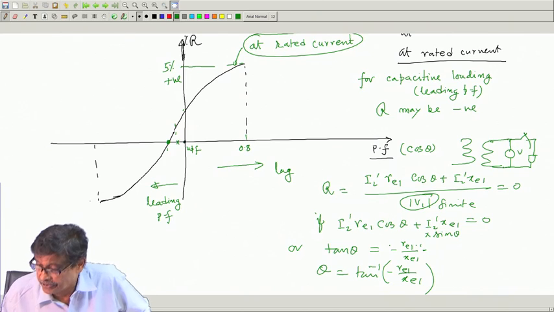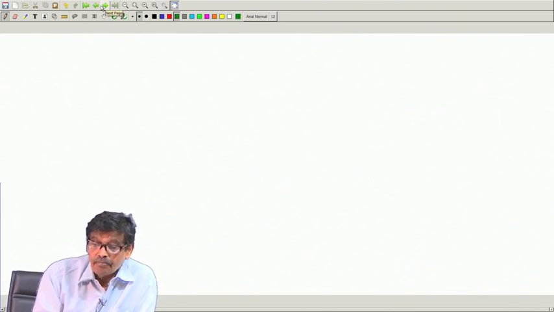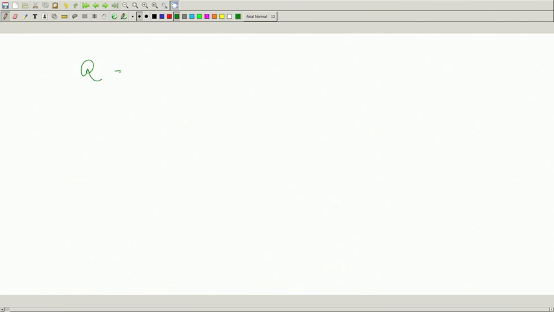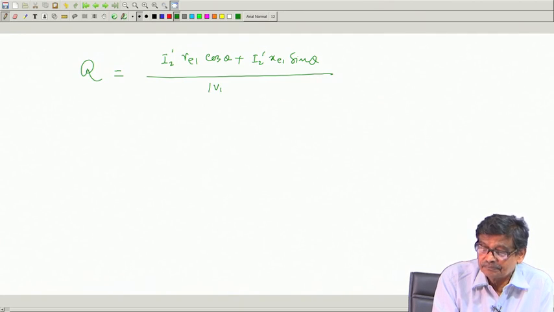Some more words about this regulation. Regulation is I2' Re1 cos theta plus I2' Xe1 sin theta, divided by V1.